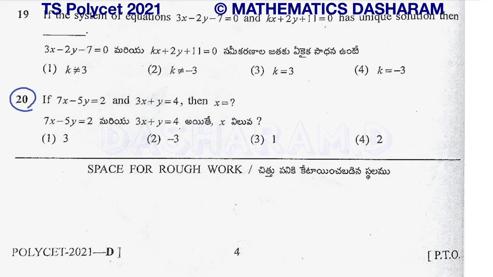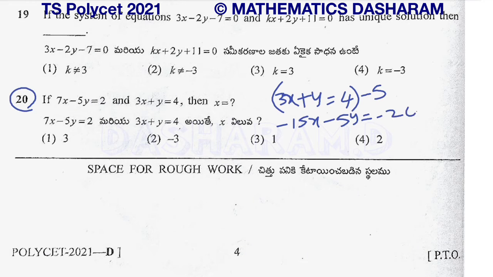That is why we take the second equation, 3x plus y equal to 4, and multiply this equation by minus 5. Then 3 into minus 5 is minus 15x, y into minus 5 is minus 5y, 4 into minus 5 is minus 20. These are the first equation and this is the second equation.